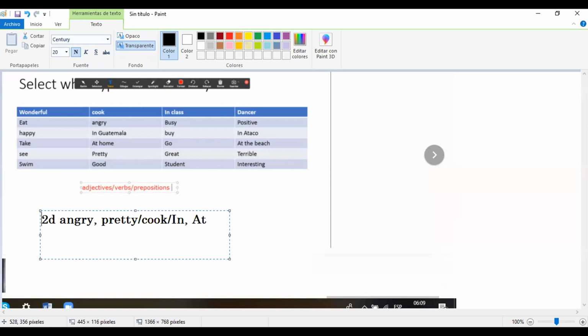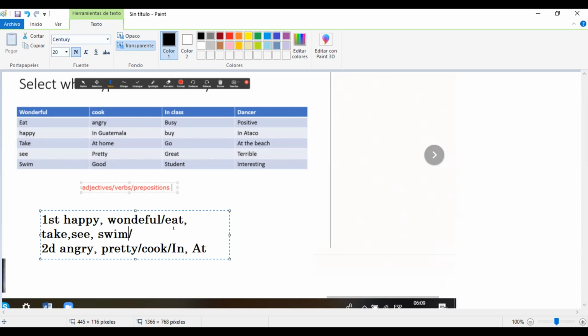The second line, and the first was happy, eat, take. Happy and wonderful. Take, see, swim.